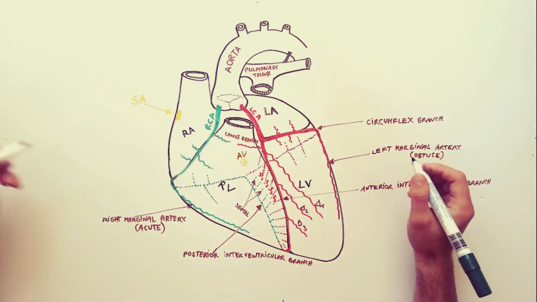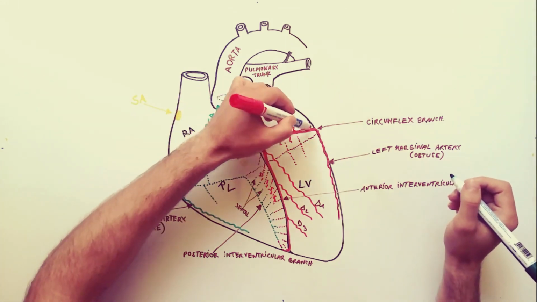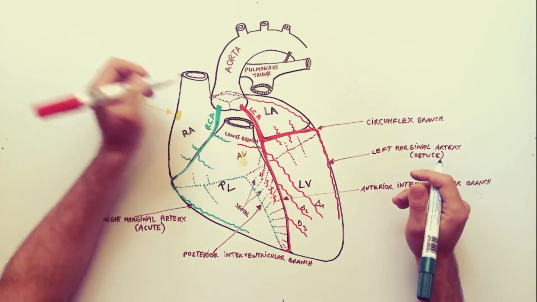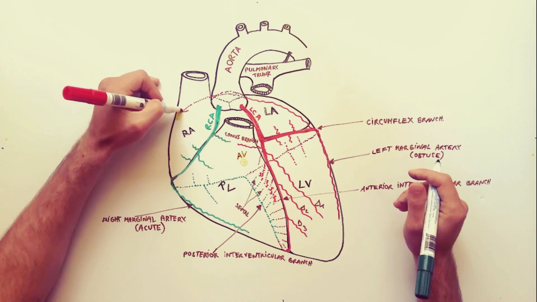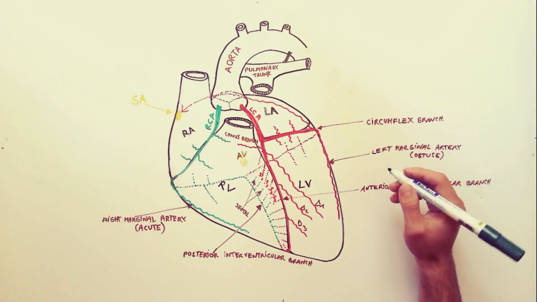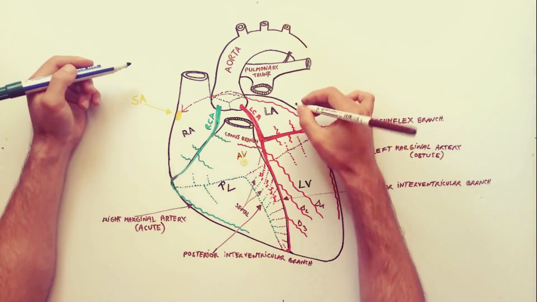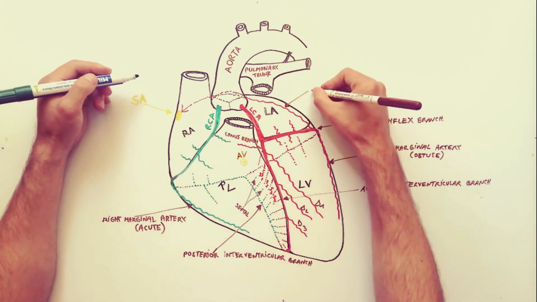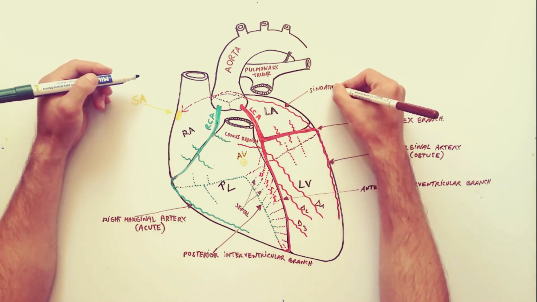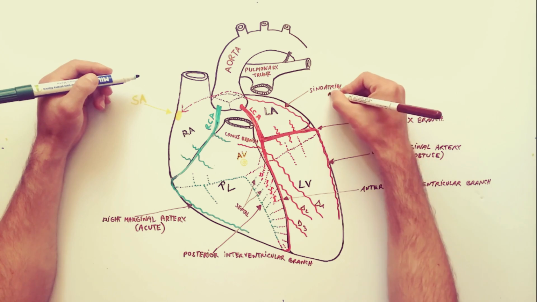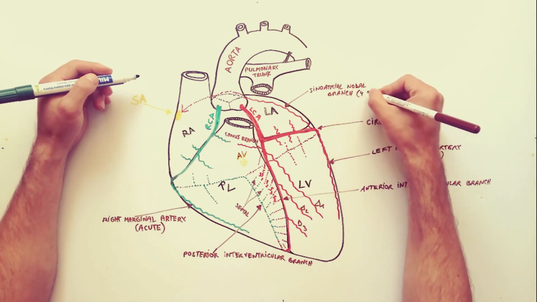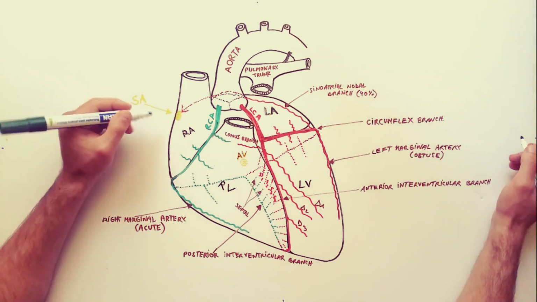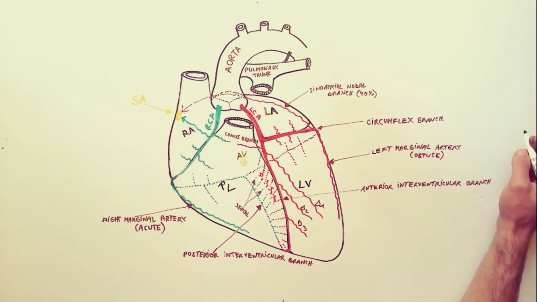Now we will put down the blood supply to the sinoatrial node, abbreviated SA, and the atrioventricular node, abbreviated AV. In about 40% of the cases, a sinoatrial nodal branch comes from the circumflex branch of the left coronary artery. And in about 60% of the cases, this sinoatrial nodal branch originates from the right coronary artery.